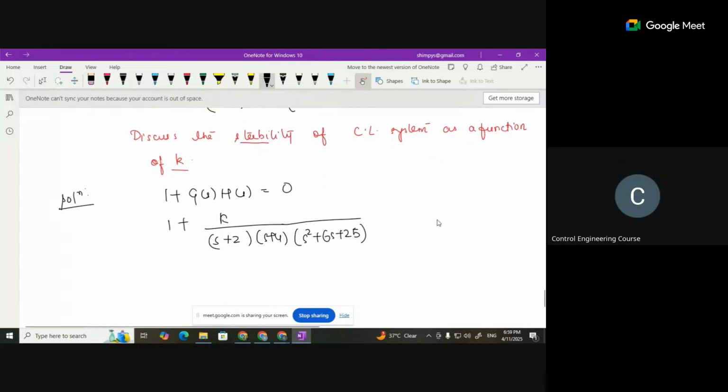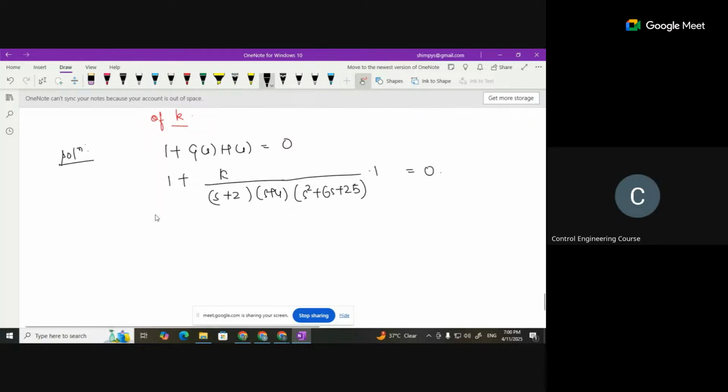So what you're getting here? S cube plus... it will be S to the power 4 here.